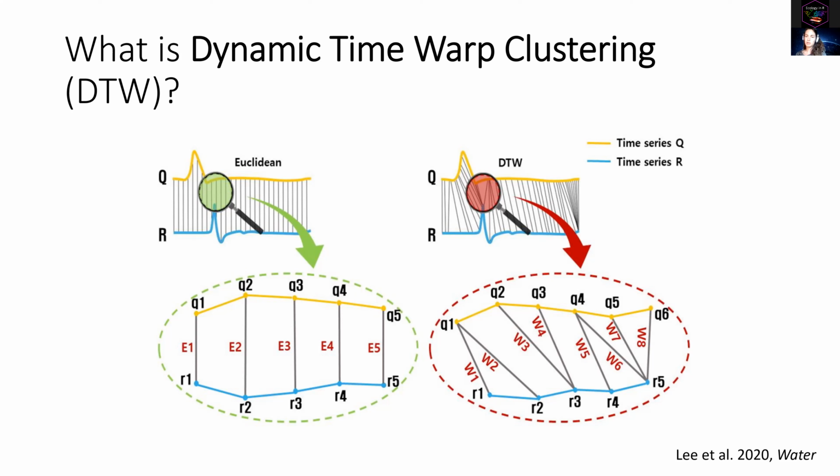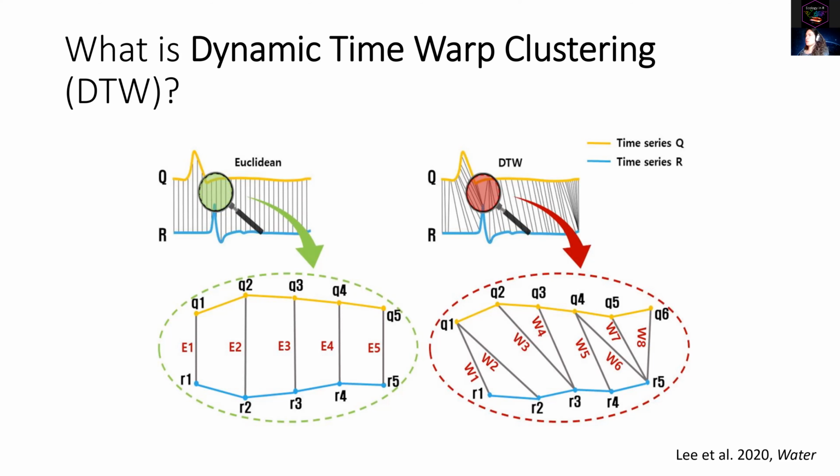So it's flexible. It allows for time series that have time lags and for time series of different lengths, depending on what type of dynamic time warp clustering method you're using. Essentially, you're matching your time series in a direction that minimizes the distance between them.